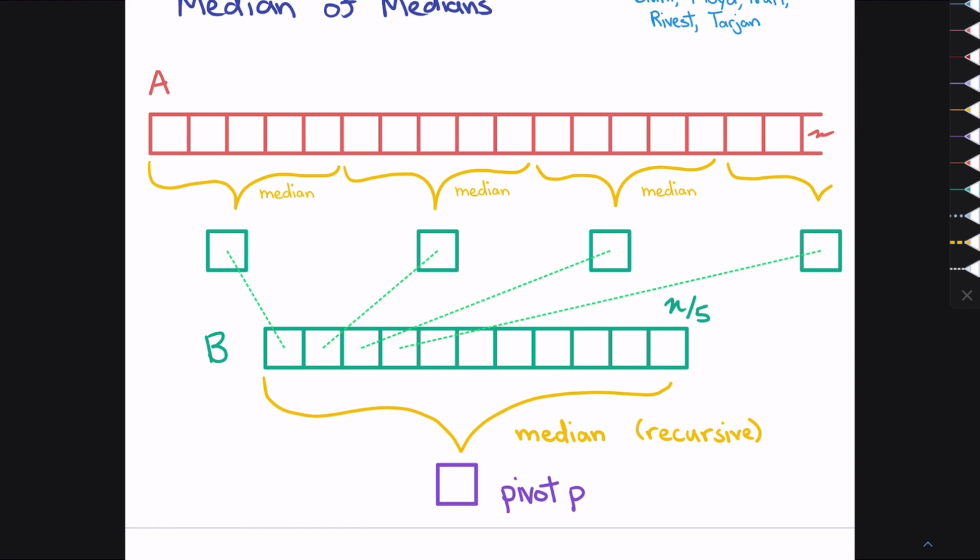Then we recursively call select to find the actual median of the n over 5 elements. You're hoping that the median of medians, while it might not be the actual median of the original, is an approximate median of the original. Does the algorithm make sense?